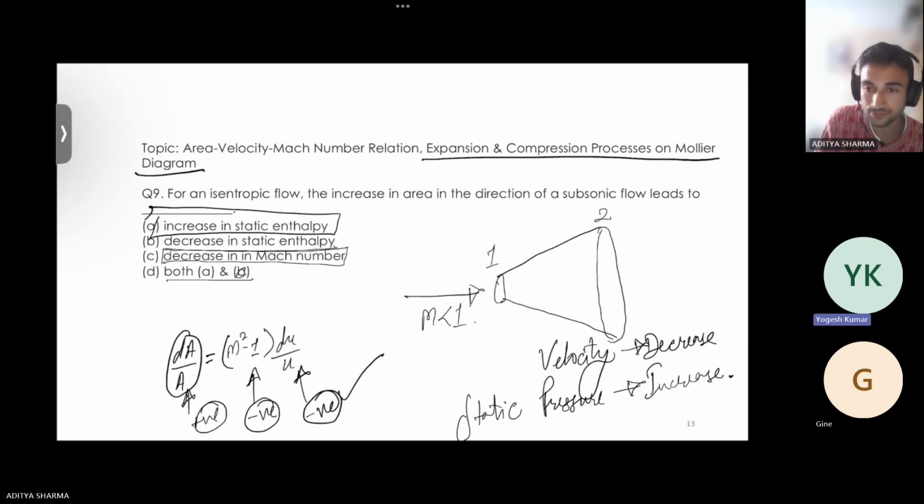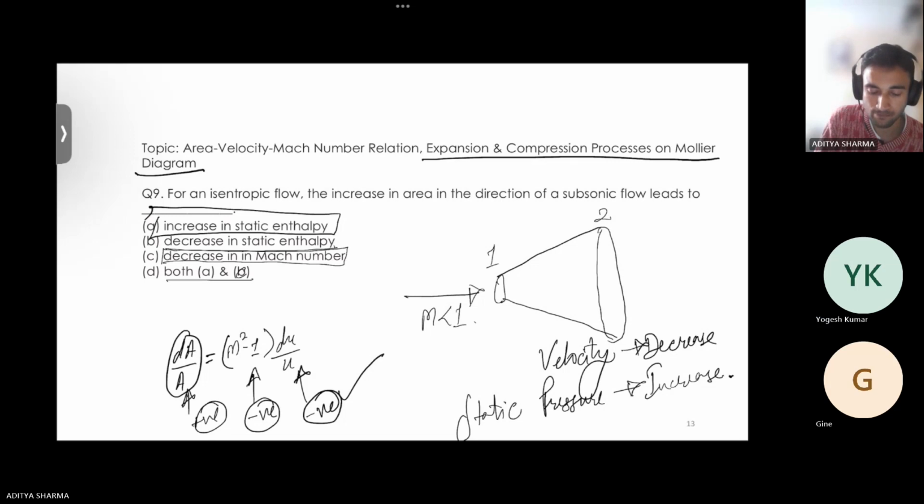Yes, that area is in the picture. It was clear that in both the cases Mach number will decrease. But in the supersonic case, when the area is increasing, then static enthalpy will also increase. But in subsonic case, it will decrease.